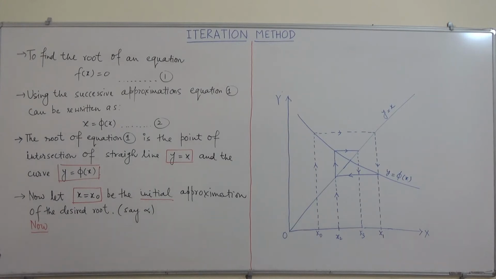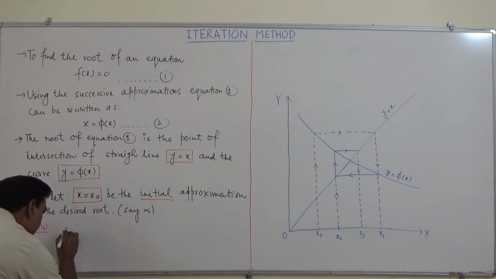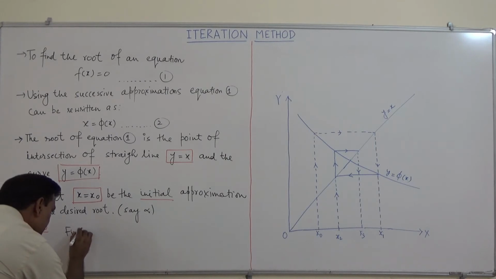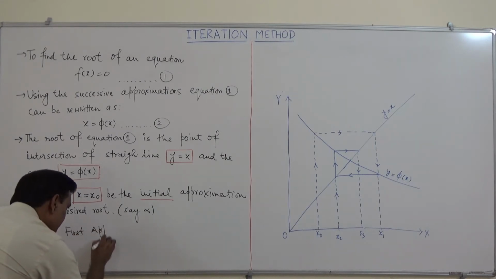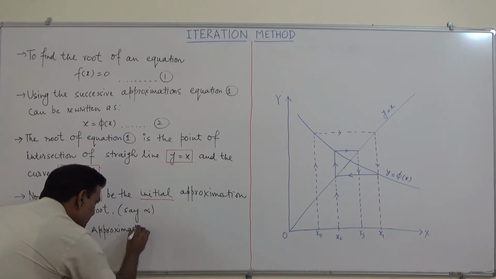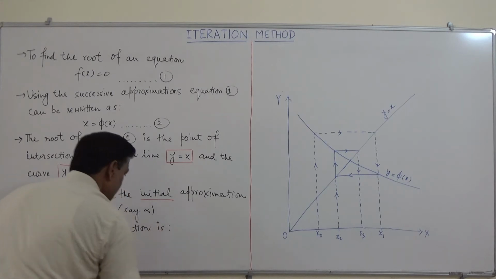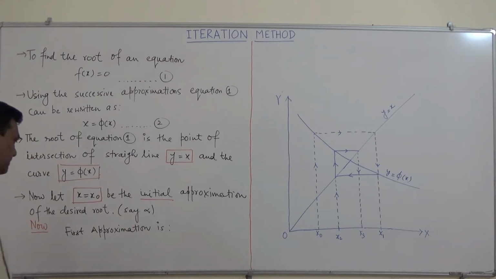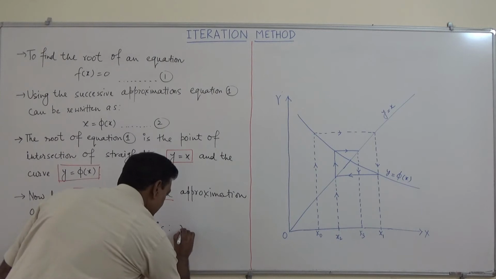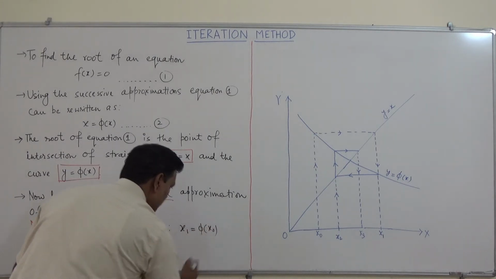If this is the initial approximation, then the first approximation is given by x1 equals phi(x0).